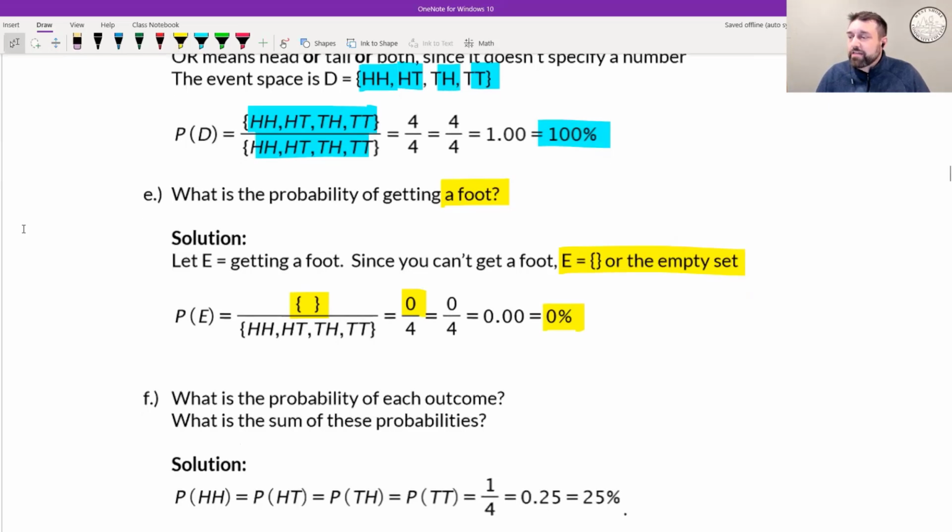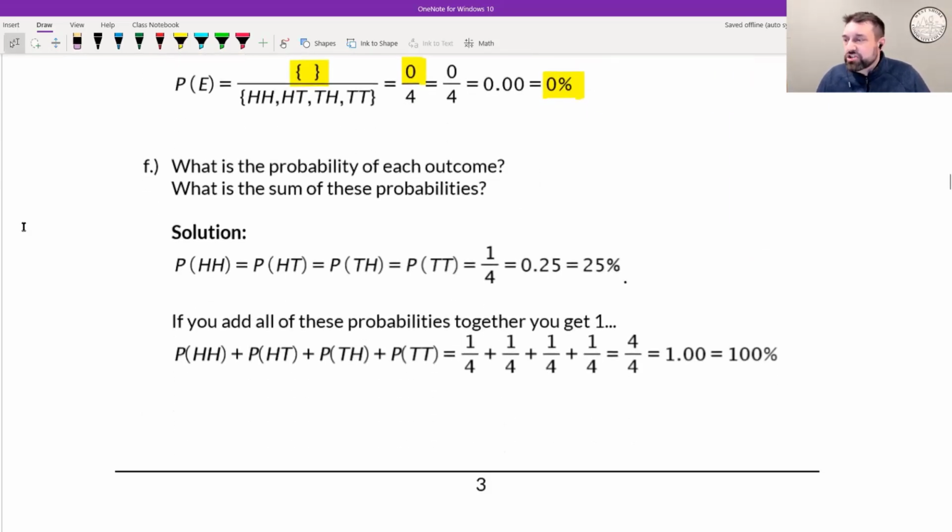Okay. And then finally, what's the probability of each outcome? What is the probability of flipping a heads and heads, or a heads and tail, or a tails and heads, or a tails and tails? Remember, we said each outcome is equally likely. So they are all equal to each other, which means it's 1 out of 4 or 25% for each one.